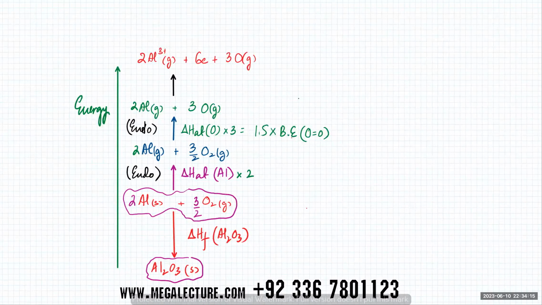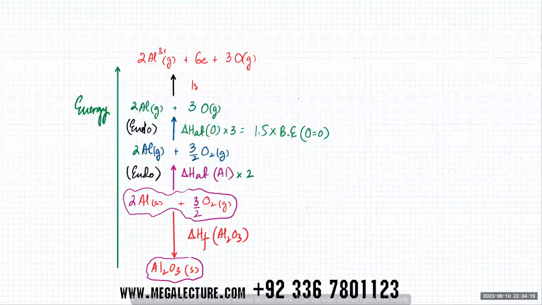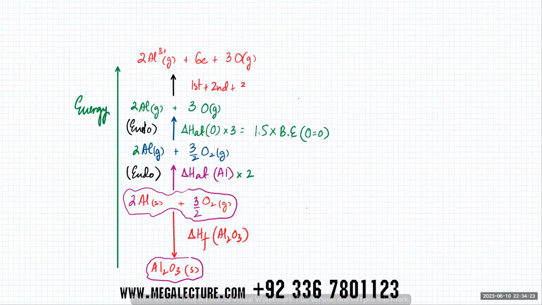So how many ionization energies is this? This is the first plus second plus third ionization energy of Al. And that too getting multiplied by 2. Why? Because you got 2 Als, right? Is this clear?